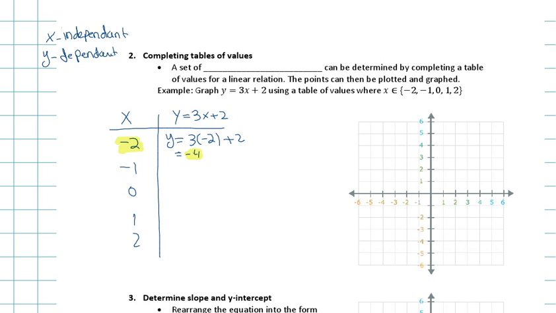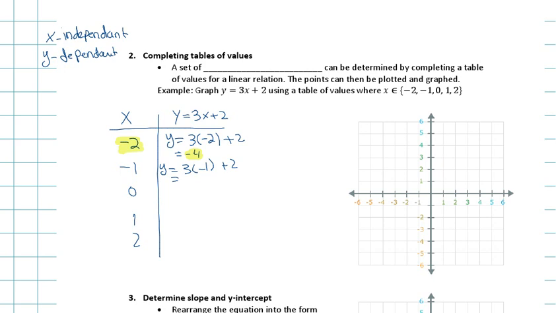Are you guys okay with this? It's called a table of values. Second one, I'm going to plug in -1 for x. You guys remember BEDMAS? BEDMAS tells you to do your multiplication first. So 3 times -1 is -3.